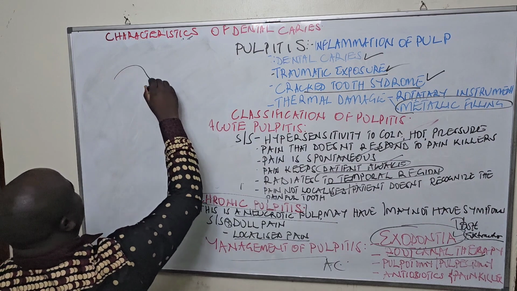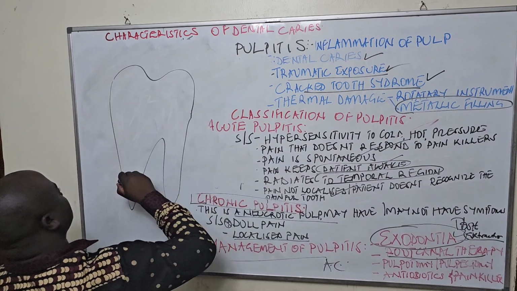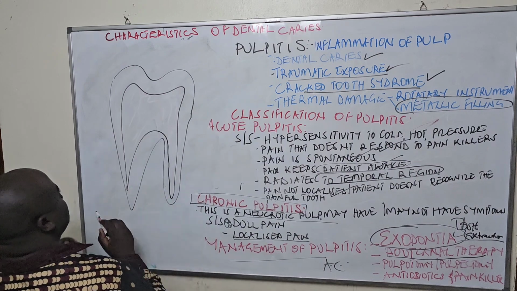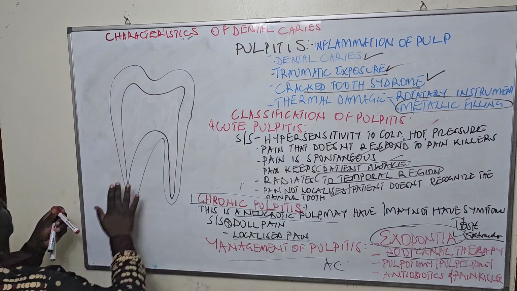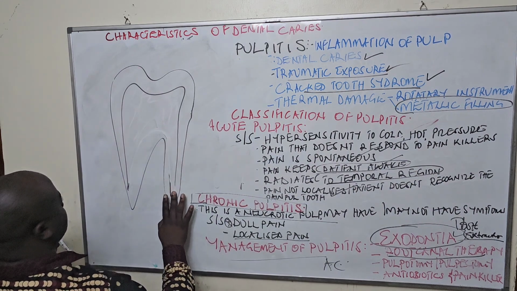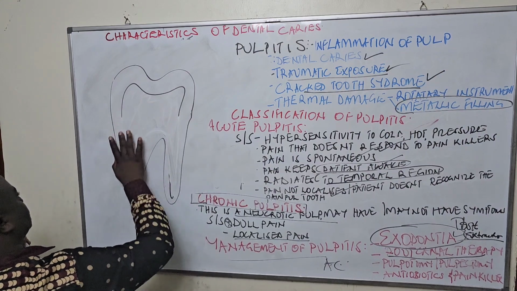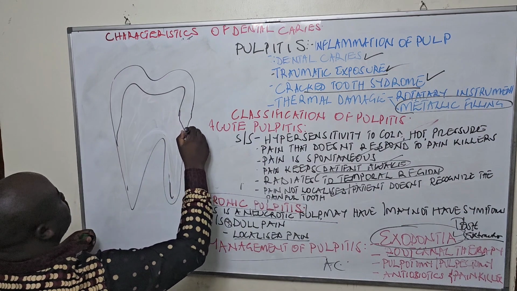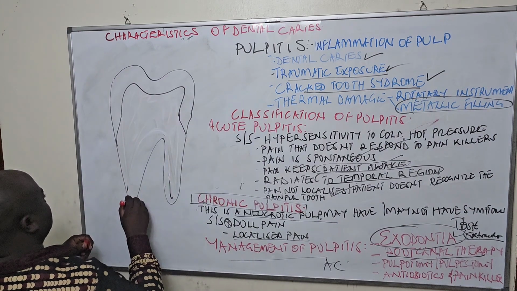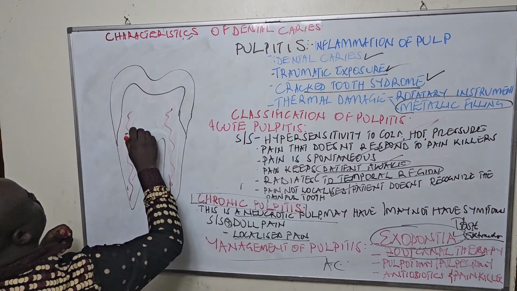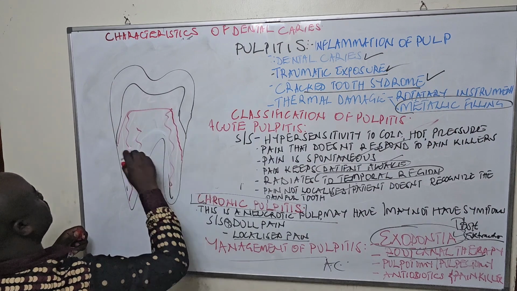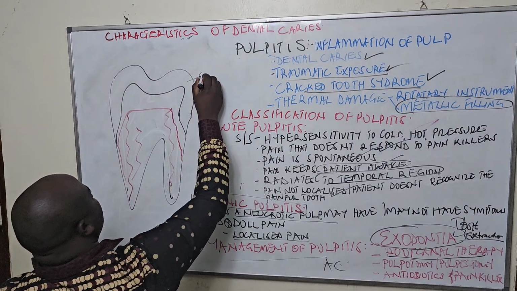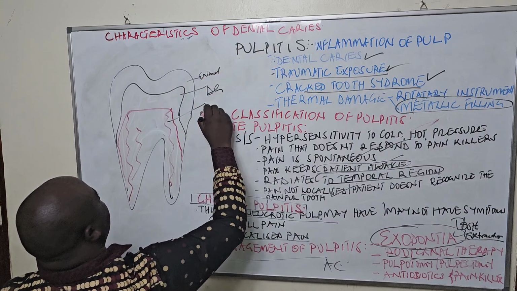For example, if you have, as you have been saying, this is the enamel, this is the dentine, and this is the pulp.